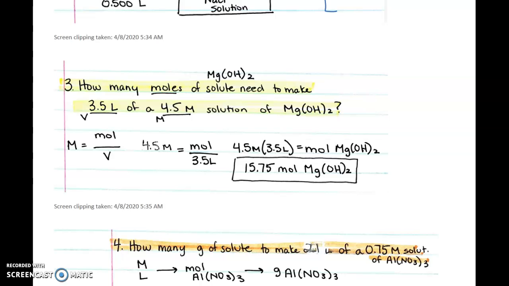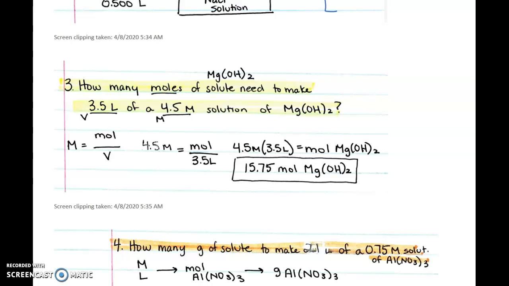Number 3, how many moles of solute do I need to make so many liters of a certain concentration, or molarity, of a solution? So here I am given my molarity, my big M, and I am given my volume. I have to do a little bit of algebra, and I come up with the number of moles of MgOH2.